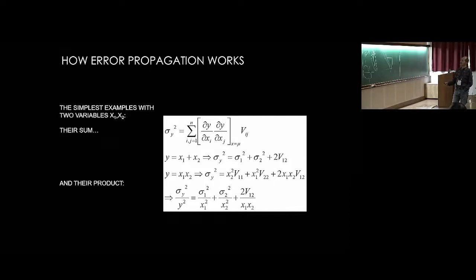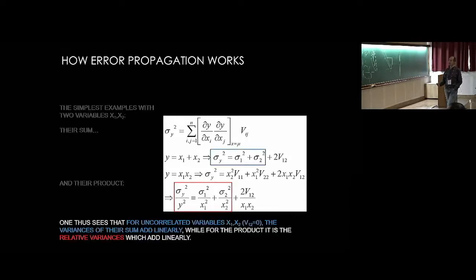So you will have this expression, which is a little bit more complicated, but if you divide now by y itself, which is x1 x2, you get the relative variance of y, sigma y squared divided by y squared, which is now the sum of the relative variances of the x1 and the x2 plus the covariance terms, the correlation terms. So let's compare these cases.